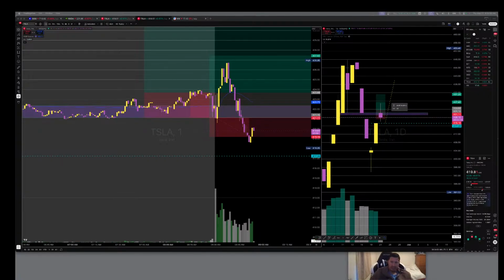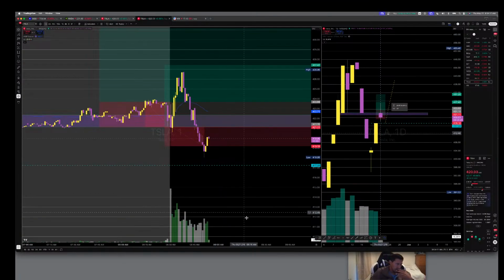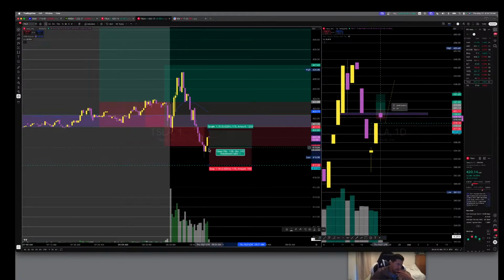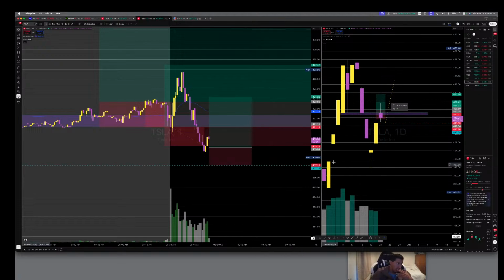I got 2 contracts. Not that I'm trying to hold. This is me right here. I'm cool with this move. Come on, 3 green candles.